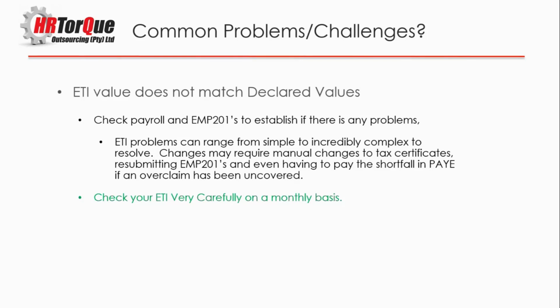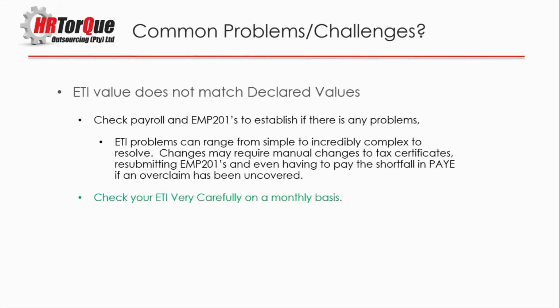It is easier to check your ETI on a monthly basis than try and fix it going backwards. In most cases where there is an error in ETI, SARS is going to disallow the ETI and ask you to pay that PAYE back, plus potentially any penalties or interest that might be involved.